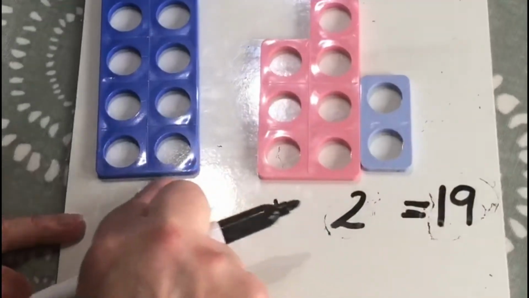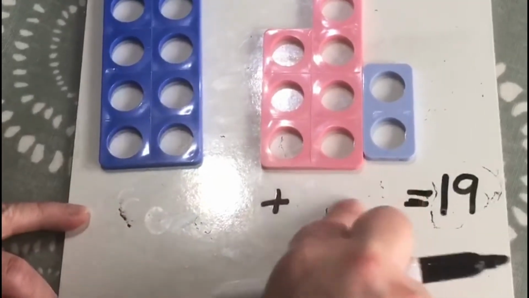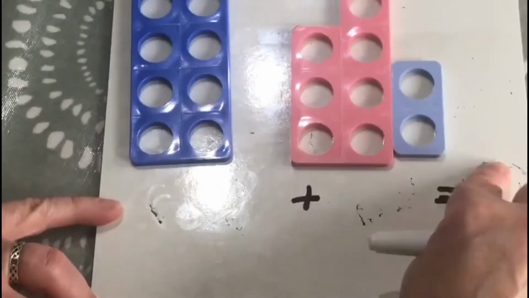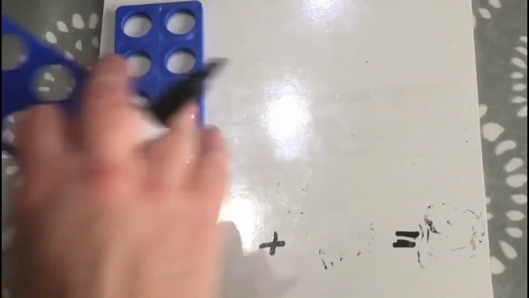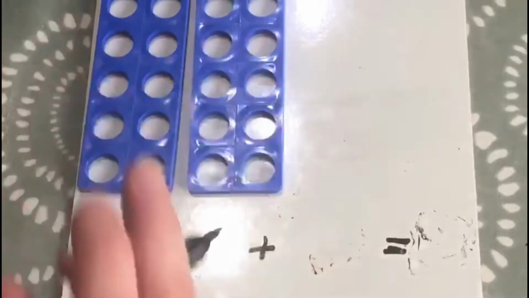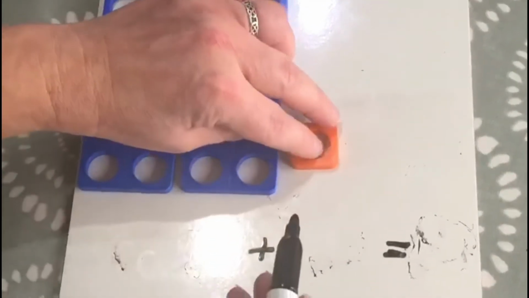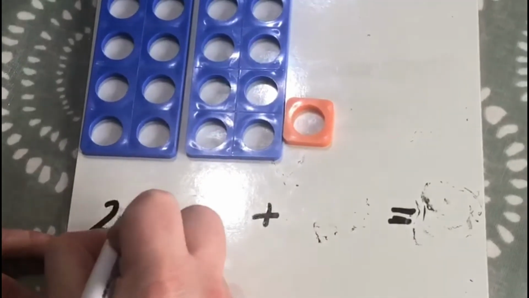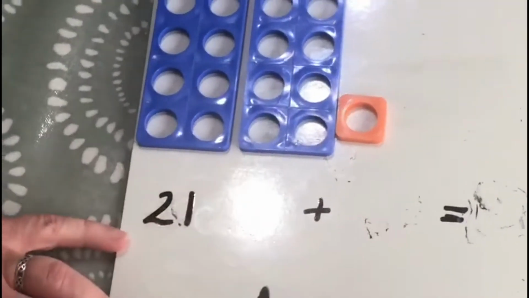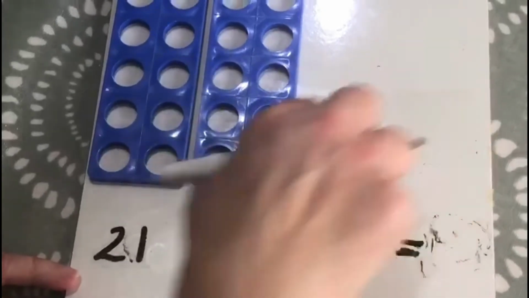Okay, if you wanted to make it a little bit harder, you could give yourself 2 tens. You could make the number 2 tens and 1. So I would write that I've got 2 tens first and 1 one. So I've got the number 21.